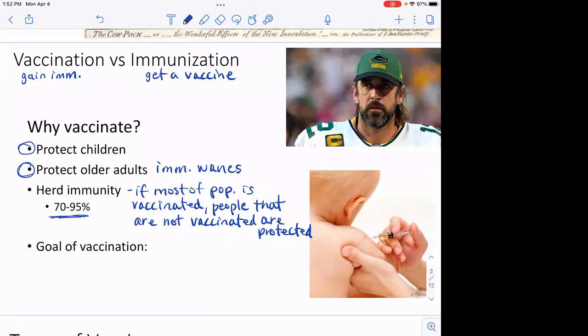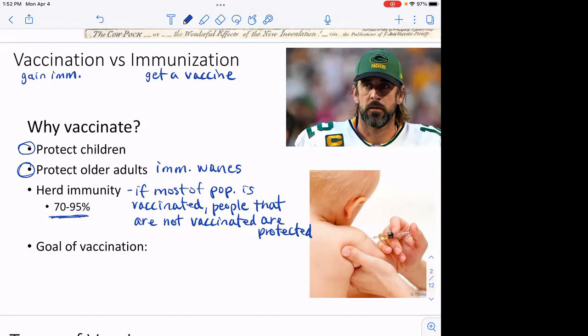Recently though, we haven't heard a lot about herd immunity. We were hoping that we could get to that with COVID, and I think that's not going to happen. Not enough people are willing to be vaccinated, and plus we would have to vaccinate the entire world, right? We haven't even been able to get high enough vaccination rates in the US, let alone lots of other countries.